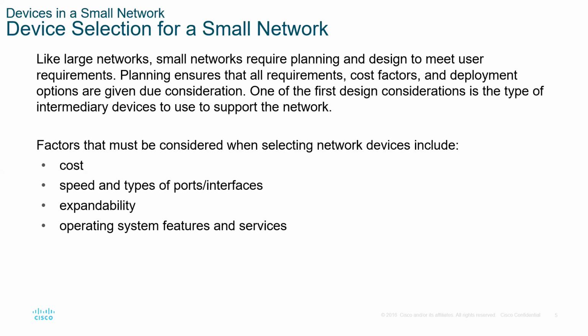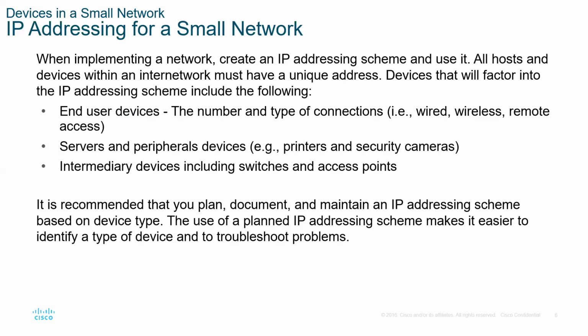There are certain factors that must be considered when selecting these network devices. Number one is the cost. Then we'll look at the speed and type of ports or interfaces. Then we'll look at expandability, that is, the possibility of growth, so your choice of devices will come in. Then operating system features and services and so on and so forth. Those are the features that you bear in mind.